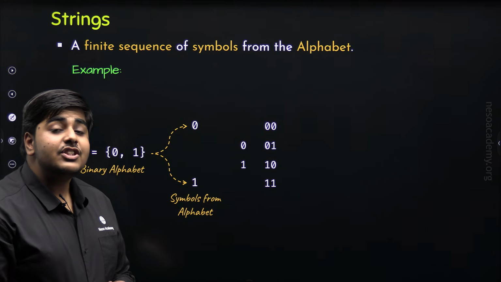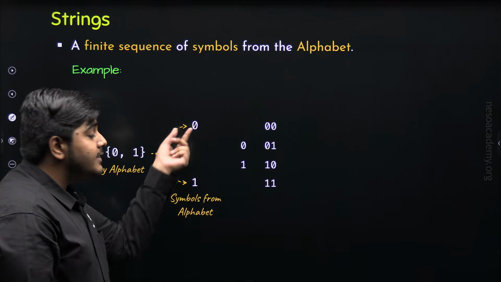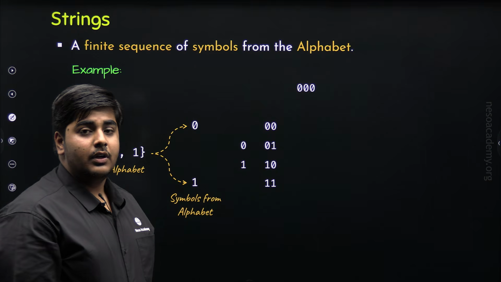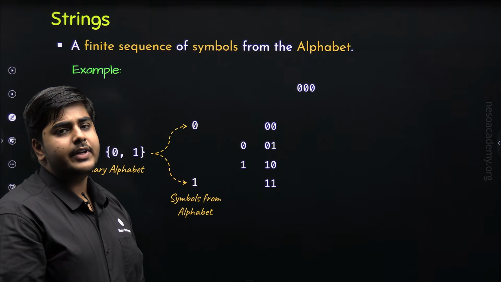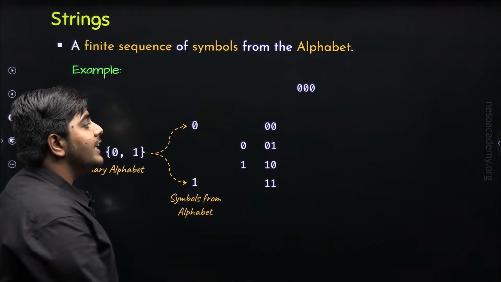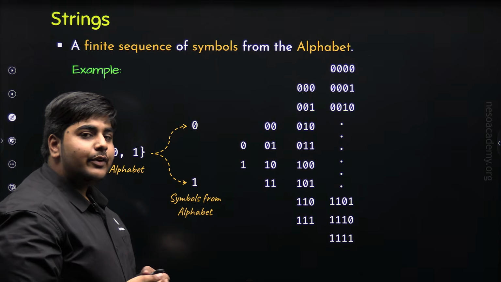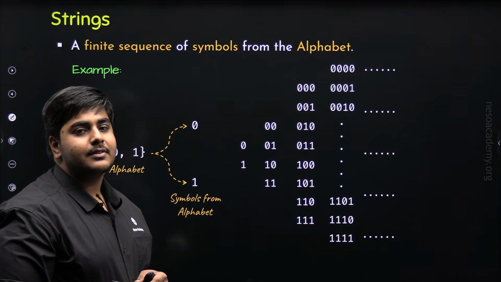And we can even generate longer strings. Like, if I take this 0 three times, I will get 0 0 0, which is also a finite sequence of symbols, that is a string. Similarly, I can generate all these strings, and continuing this process, we can generate even longer strings.